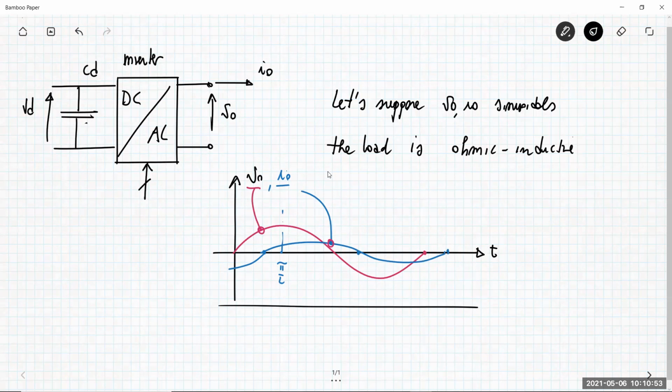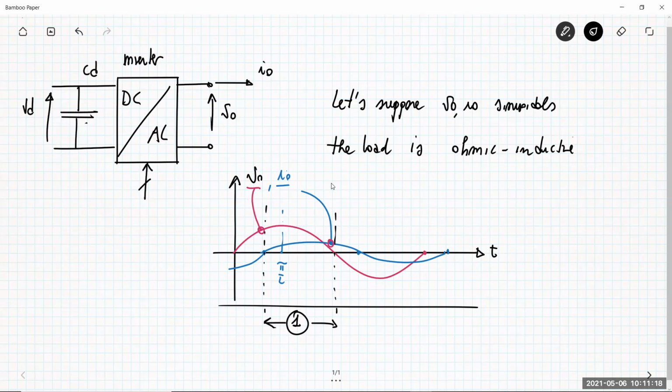is that we can distinguish between 4 phases basically. There is an interval in the period of these waveforms in which both the voltage and the current are positive. Let me call this number 1 interval here. What does it mean?